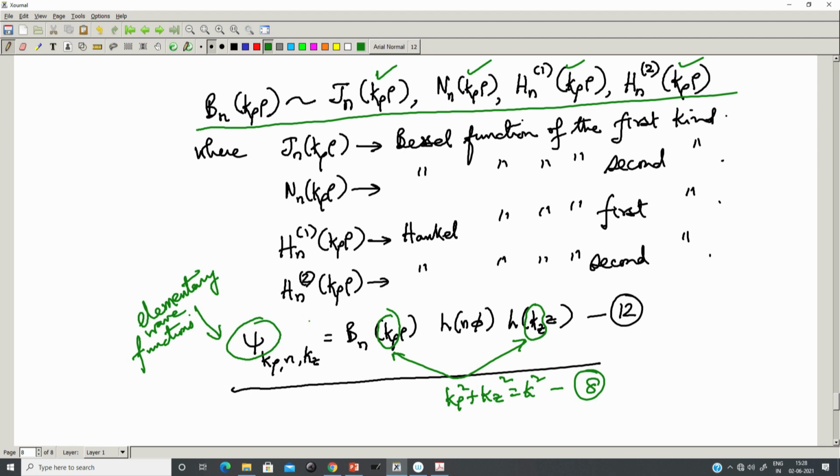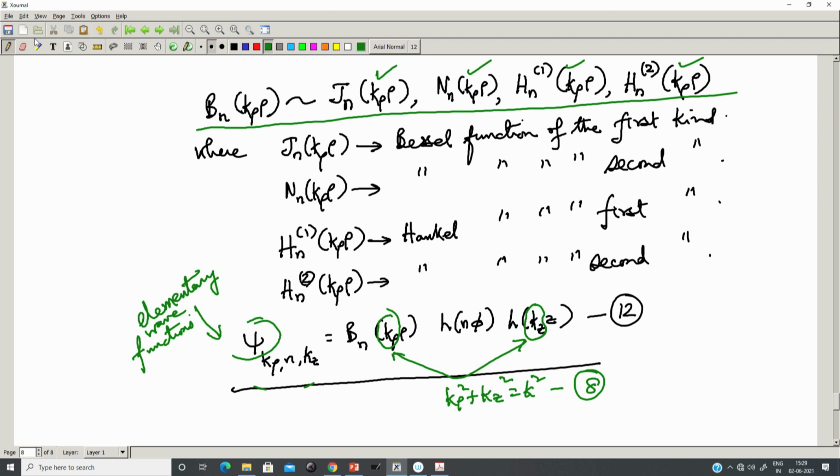Now, we must also remember that linear combinations of the elementary wave functions are also solutions to the Helmholtz equation.